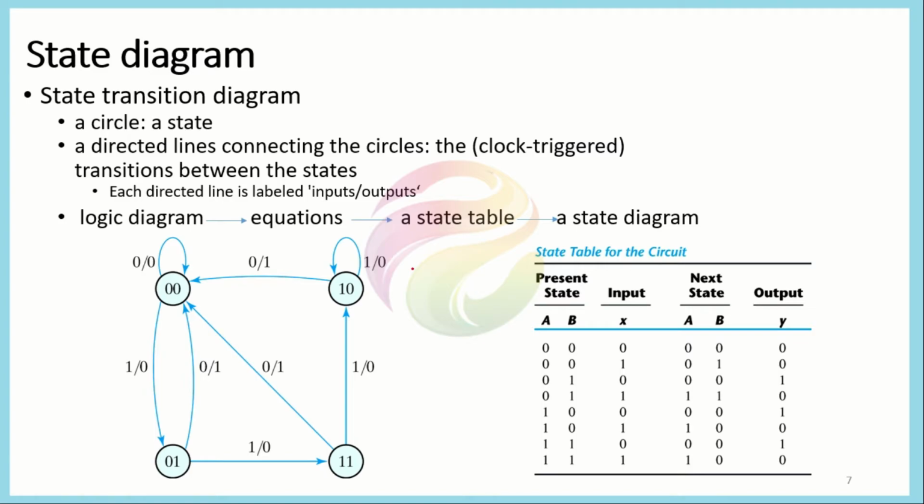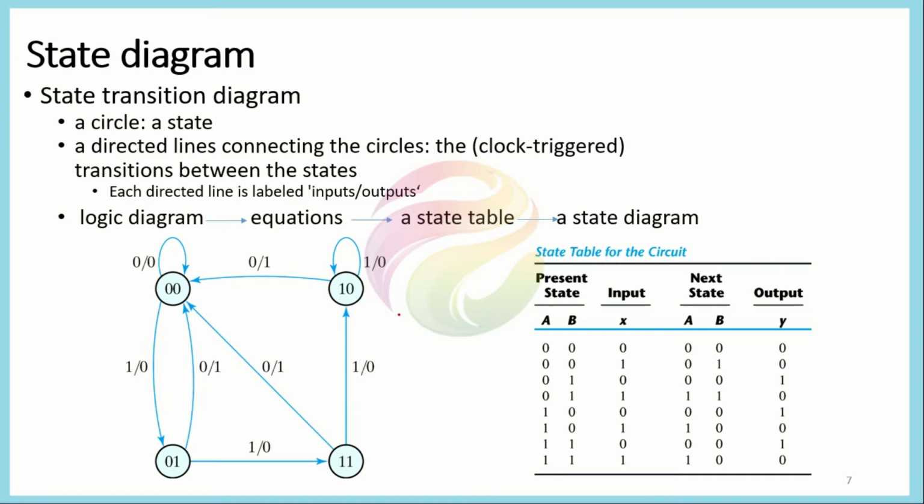And if you look in more detail at the outputs of the system, you will see that the circuit that we discussed a few slides ago, from which we derived this table and this state diagram, is actually a zero detector system.